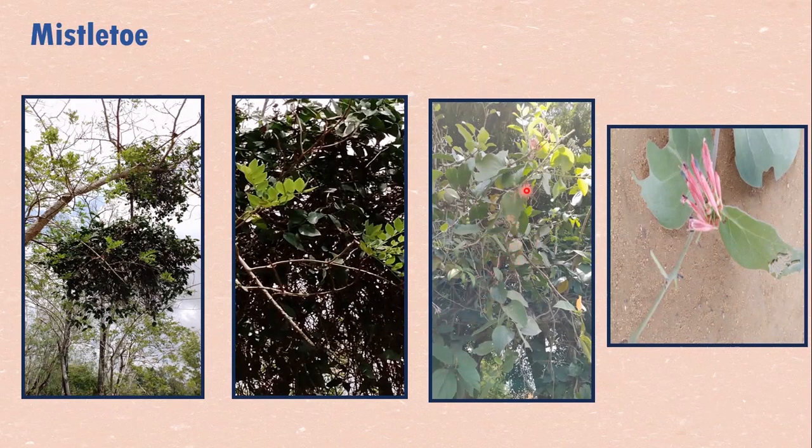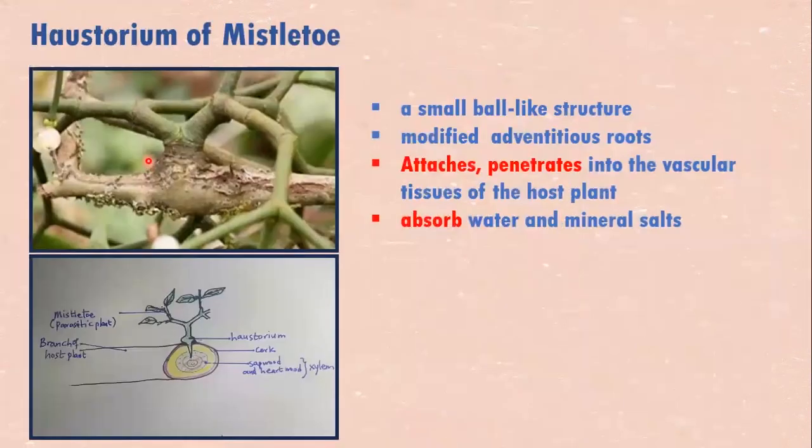Well, let's look at the haustorium. That is the structure by which the mistletoe attaches onto the host. So this mistletoe has some attachment structures that are hooked onto this host. And this is a haustorium.